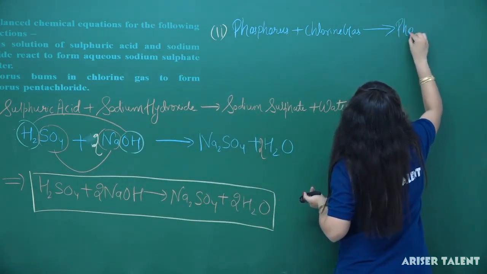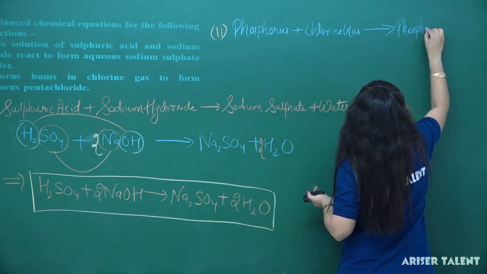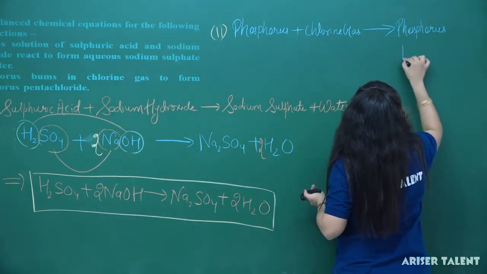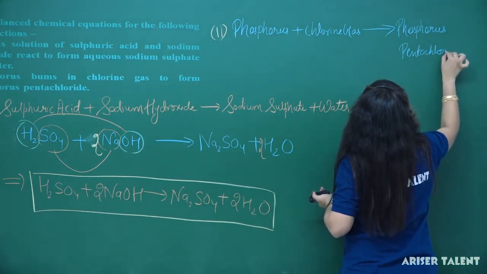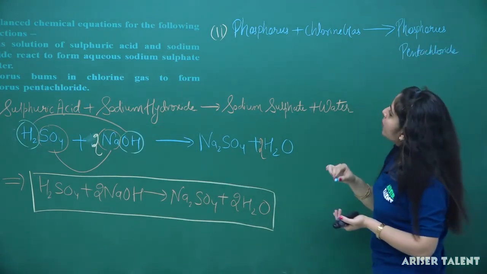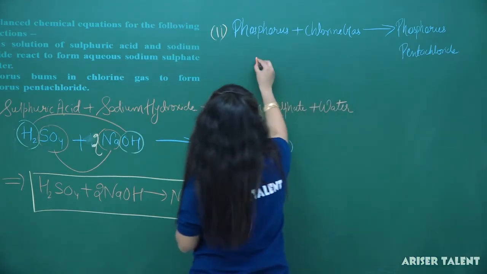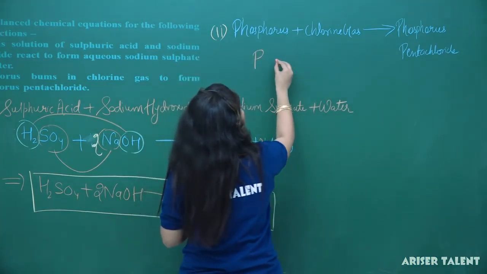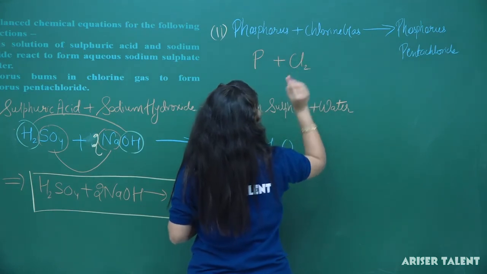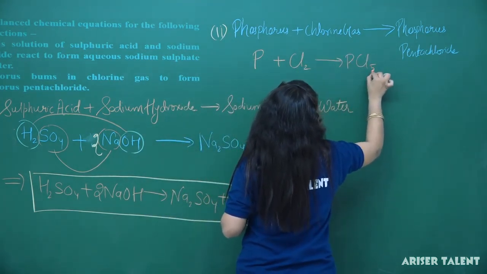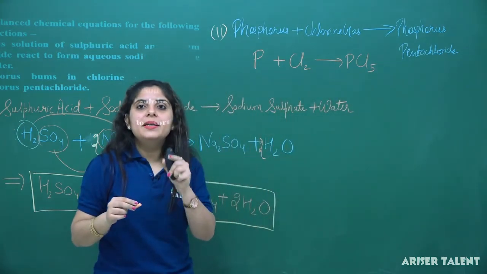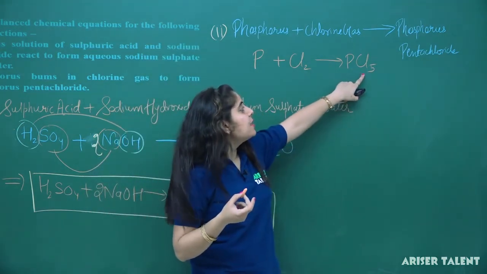For phosphorus we have the symbol P. For chlorine gas we have the symbol Cl2. And on the product side, we get PCl5, which means phosphorus pentachloride. Penta basically means 5.